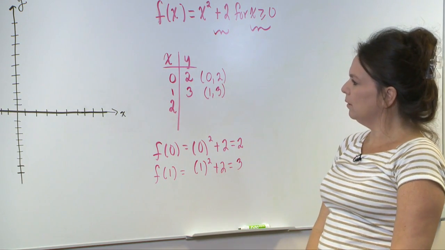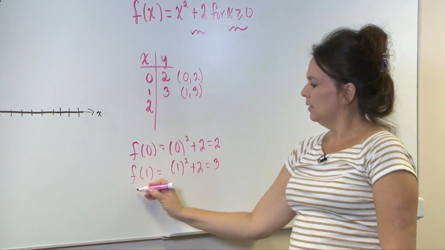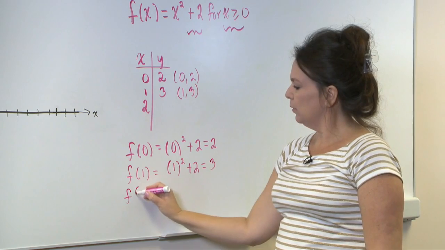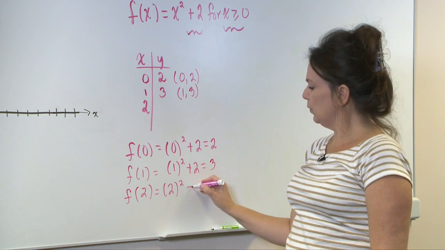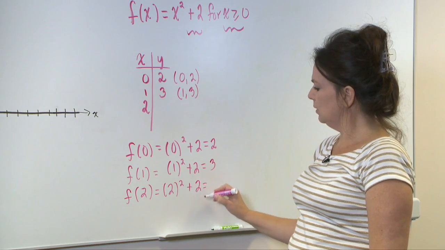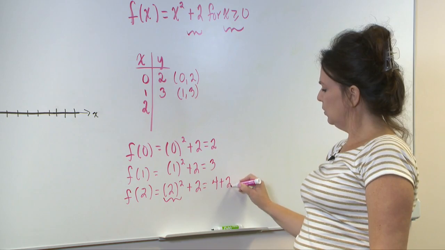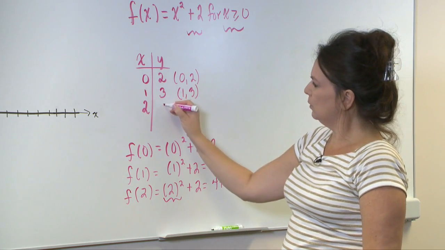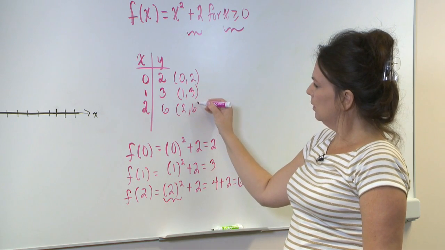So another ordered pair on our graph is the point 1, 3. Next, I'll plug in the value of 2. In doing so, I have 2 squared plus 2. 2 squared is going to give me 4 plus 2 for a total of 6. And I have a third point of 2, 6.